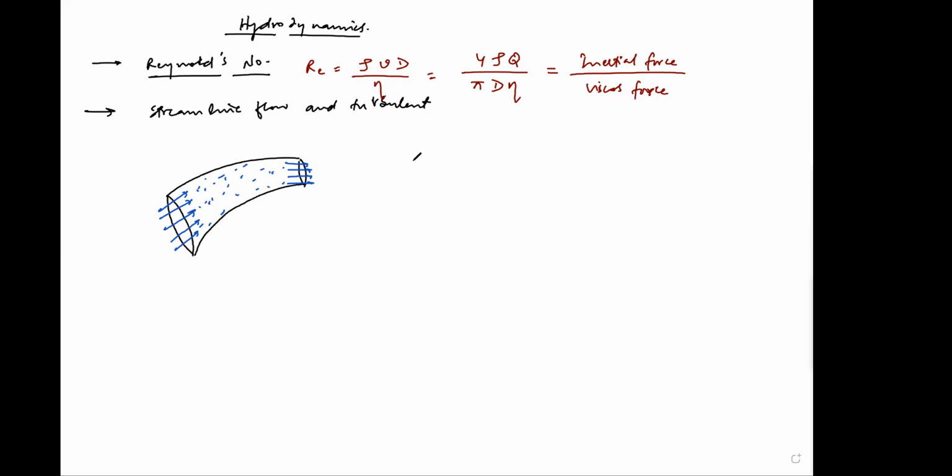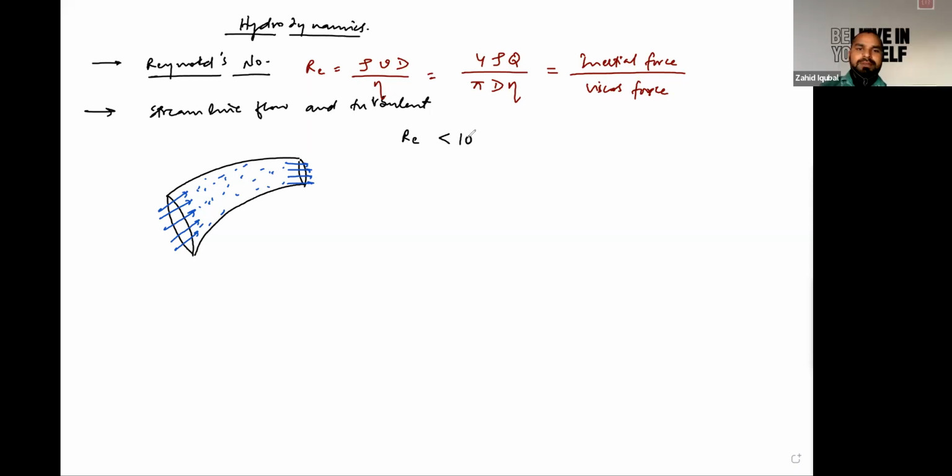Yes, as you said some kind of values, right? Can you say it again? If Reynolds number is less than 1000, then it will be streamline. If it lies between 1000 and 2000, that will be laminar.